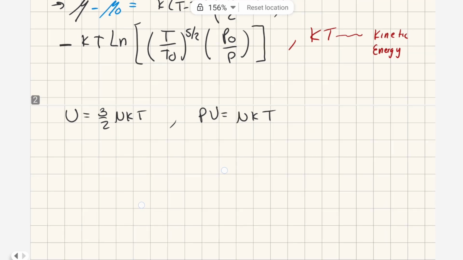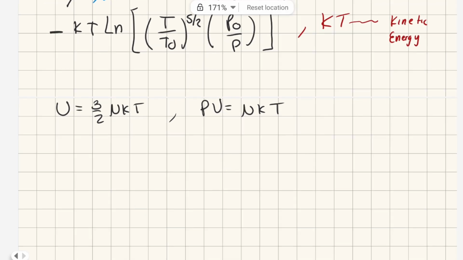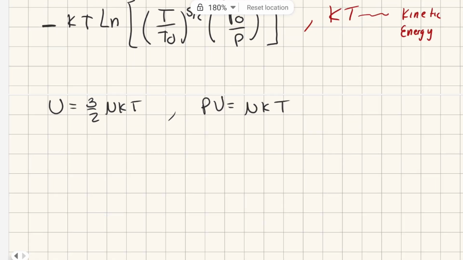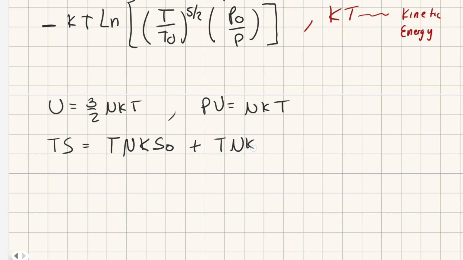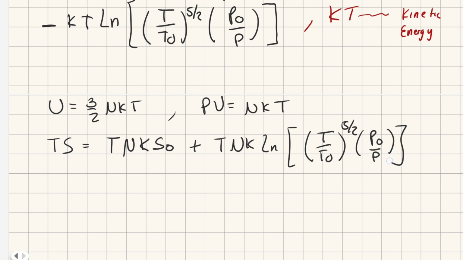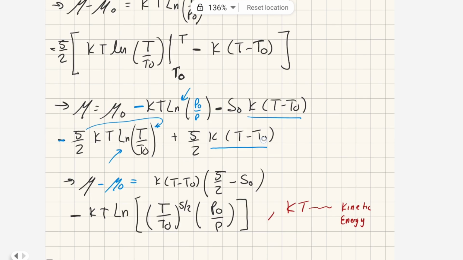And again, the entropy of the ideal gas that we found on that first lesson, multiplied by T, the quantity Ts is going to be T times Nk times S0 plus T and k, the natural log of T over T0 raised to the 5/2 times P0 over P. Just again by the result that we showed recently.